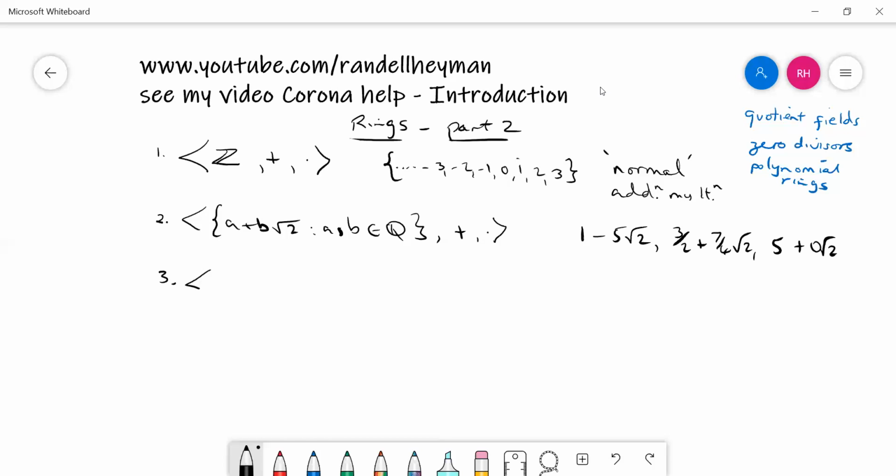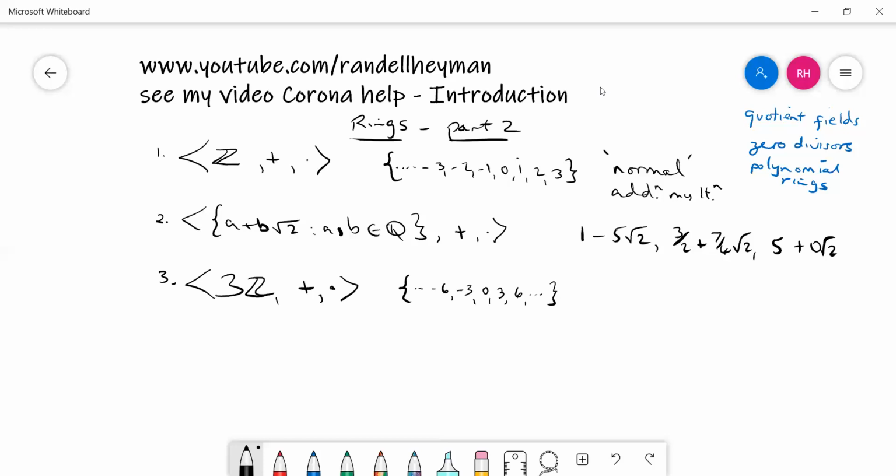Here's another one, 3Z, with plus and multiplication. So here we're multiplying the integers by 3. So this has got -6, -3, 0, 3, 6. That's all fine.